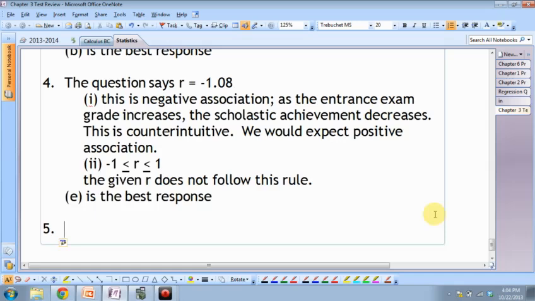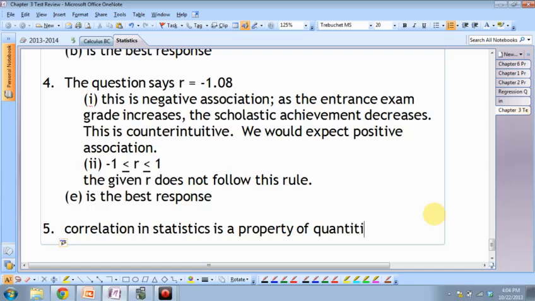5. Researcher finds correlation between the traits greed and supercilious as negative 0.4. This is trying to catch you to make sure you understand that correlation in statistics is a property of quantitative data.